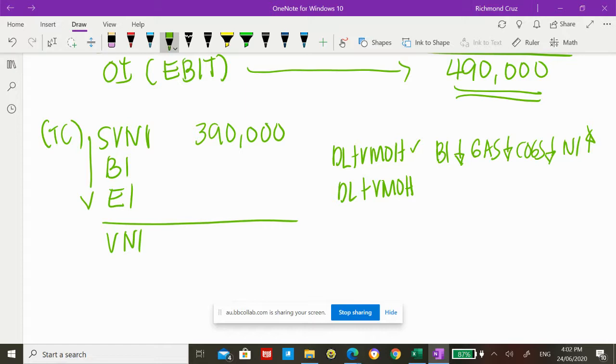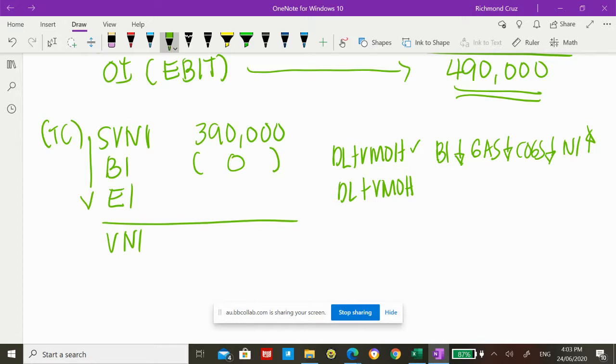So therefore, from super variable to variable net income, we need to deduct the direct labor cost and the variable manufacturing overhead of the beginning inventory from the super variable net income. However, for this problem, the beginning inventory is zero because that is the first year of operation.